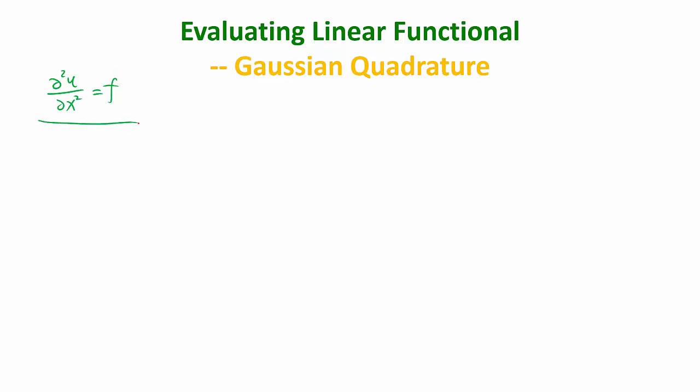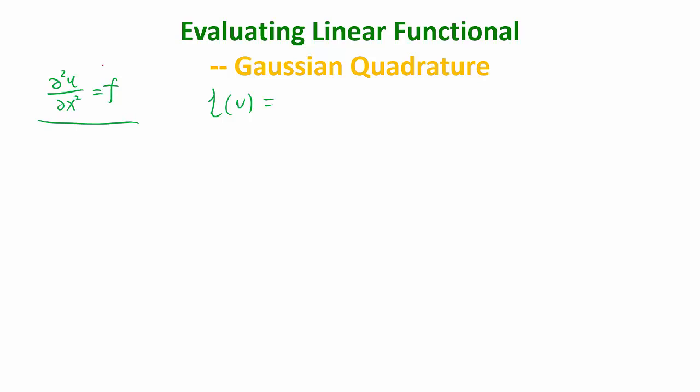If I have that equation to solve, my linear functional is equal to what? So if I have the Poisson's equation, what is going to be my linear functional? How do I derive the linear functional? Remember, how do I derive the weak form? Yes, I derive the weak form by multiplying this equation with the test function and integrate. Remember, the residual has to be orthogonal to any test function within the test space.